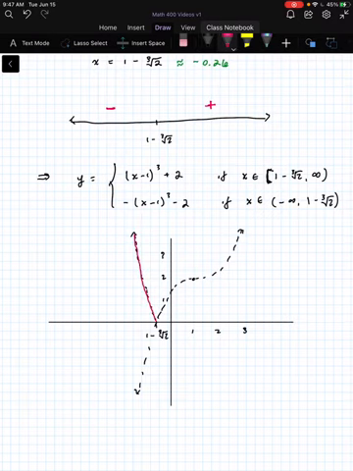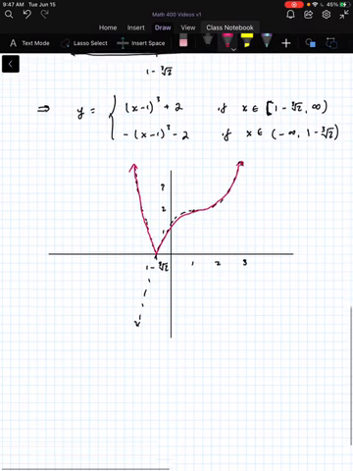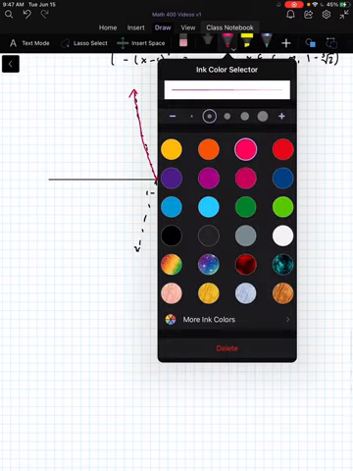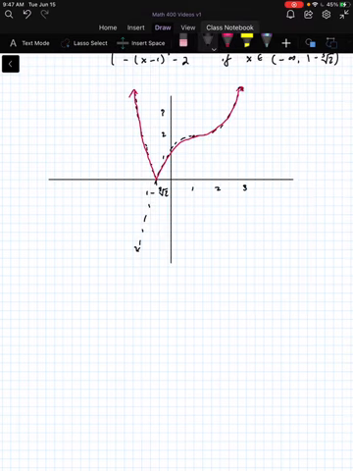In other words, our actual function looks like this. So we ended up with the same graph, but there's a reflection point where it changes from negative to positive. Okay.